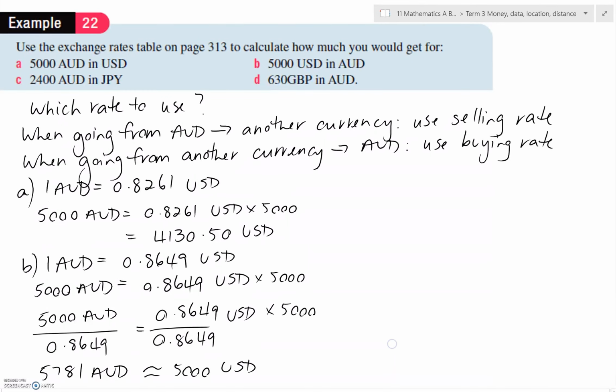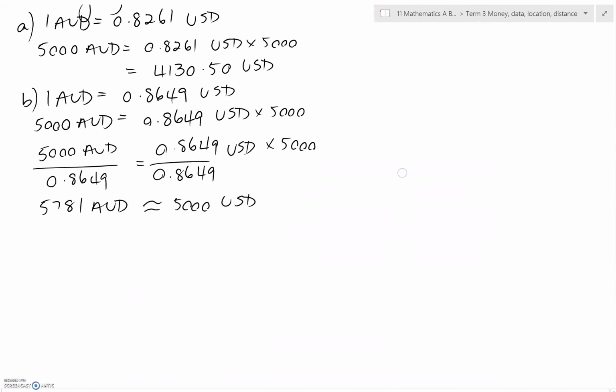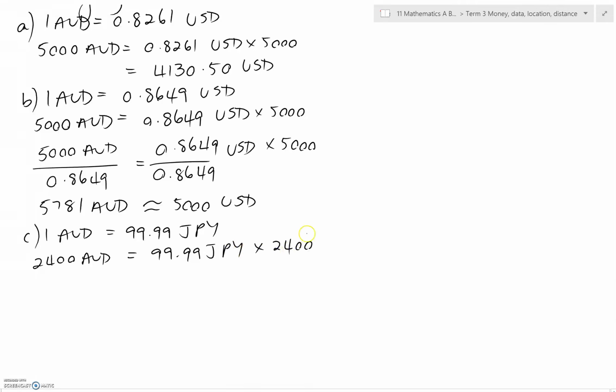All right, C. 2,400 Australian dollars in Japanese yen. So we need the rate 99.99 Japanese yen. No methods are any different once you've picked the right rate. But notice I keep writing that 3-digit code.